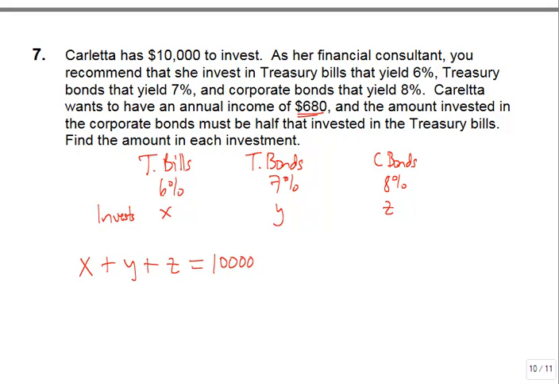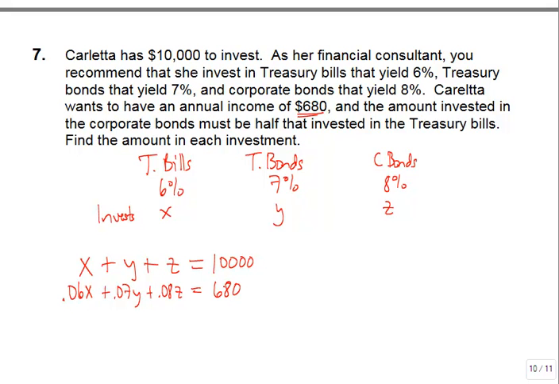So we're going to take 0.06 times X, and then 0.07 times Y and 0.08 times Z. And all 3 of those interest amounts have to total her annual interest of $680. So there's our equation 2.